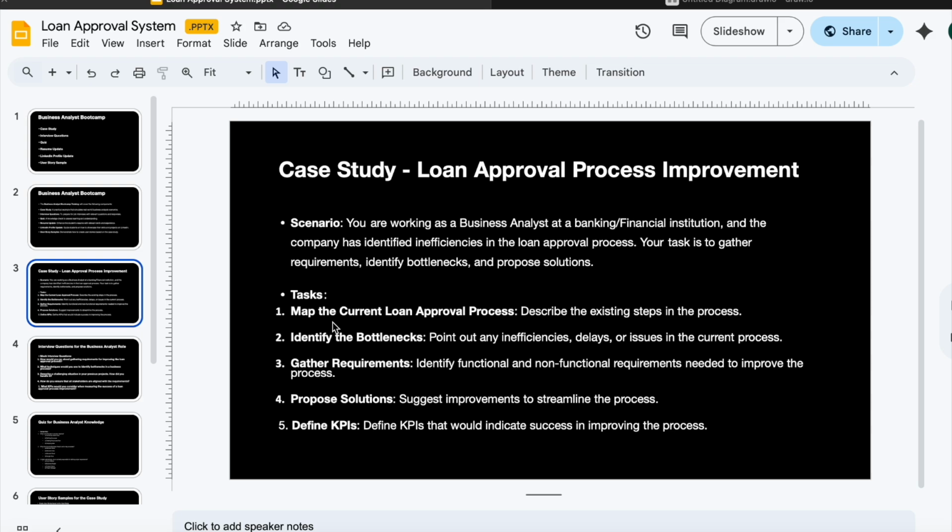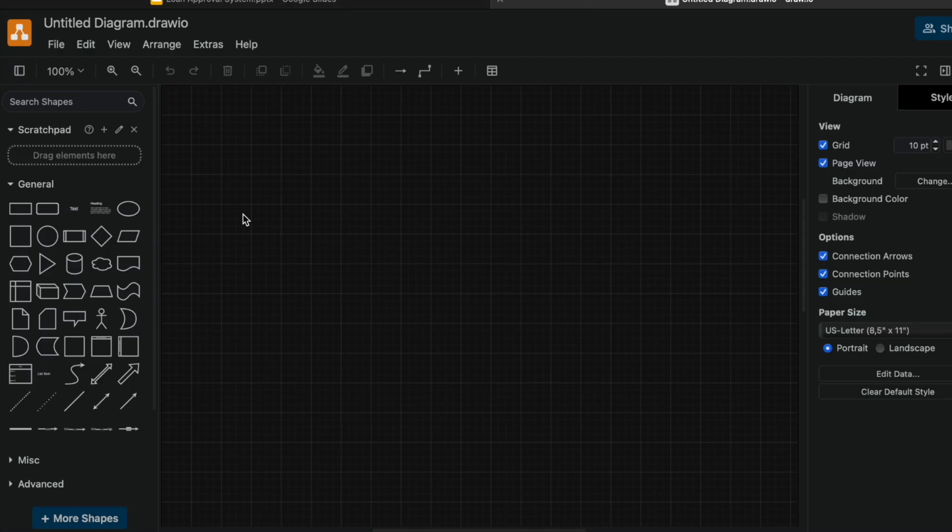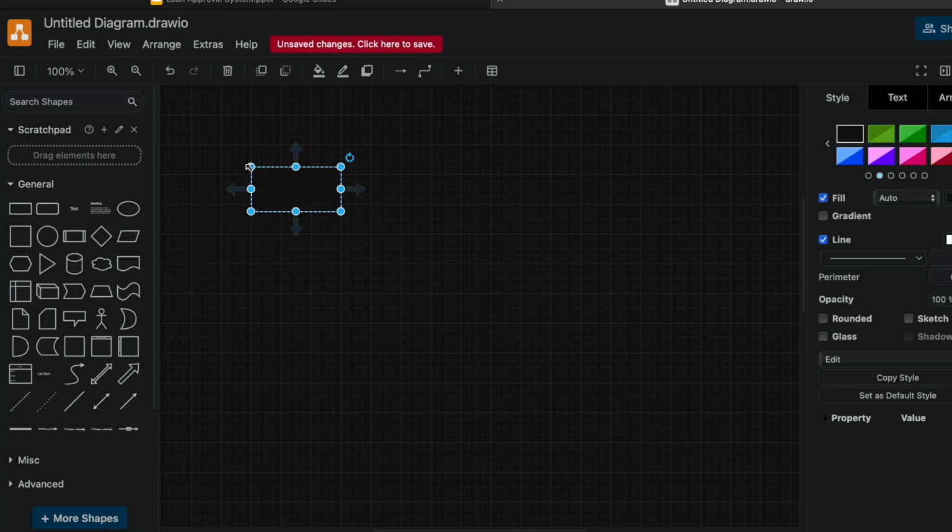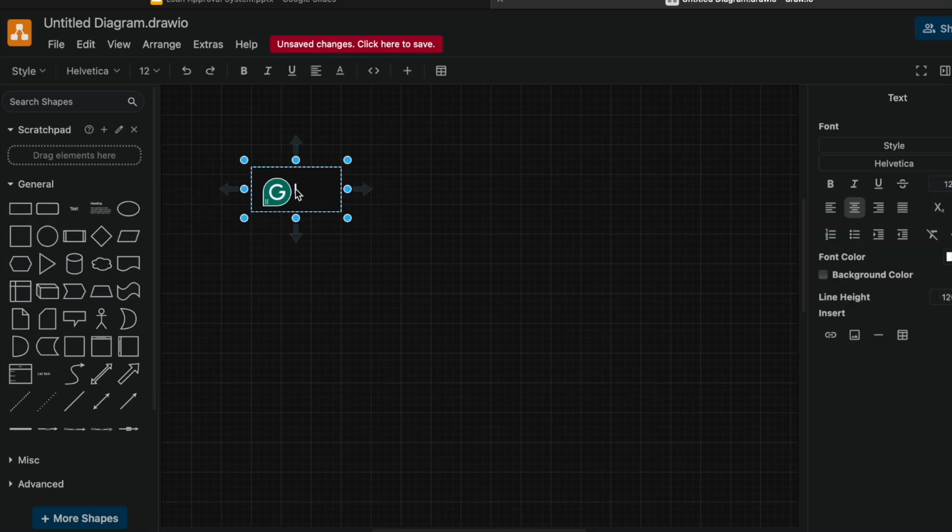Okay, so these are the expected solution, expected answers for this question. Let's map the current loan process. Okay, so these are very high level steps. The first step is customer submits application.